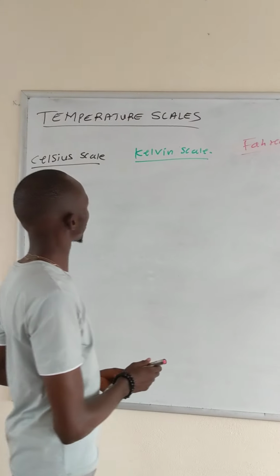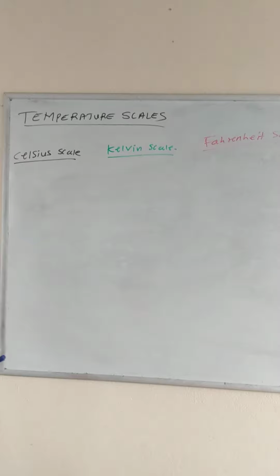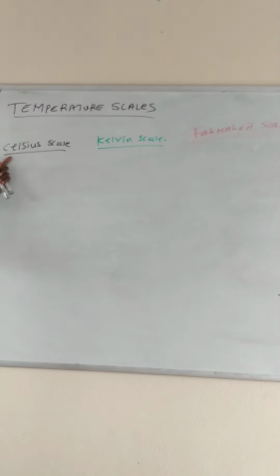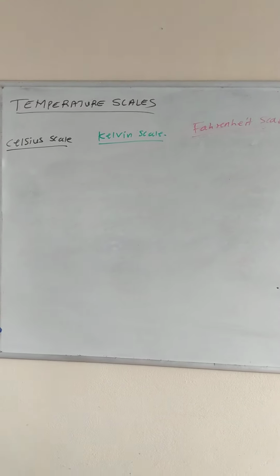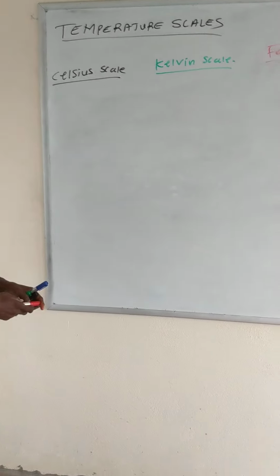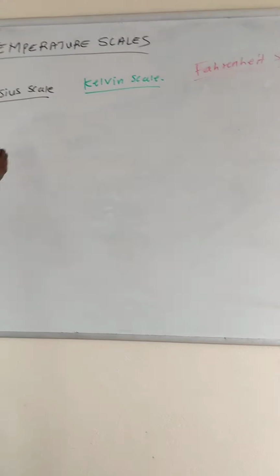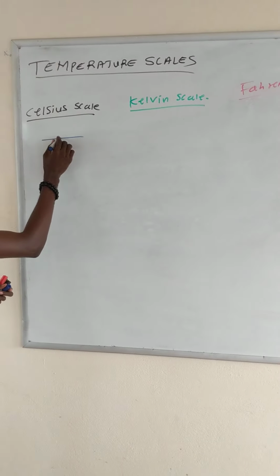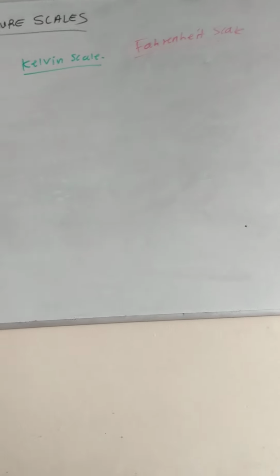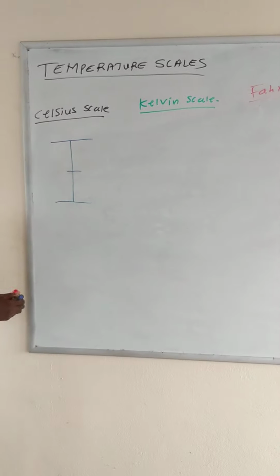We consider these three scales because the focus here is really how to relate the Celsius scale, the Kelvin scale, and the Fahrenheit scale. Let's say we consider the Celsius scale in three versions.